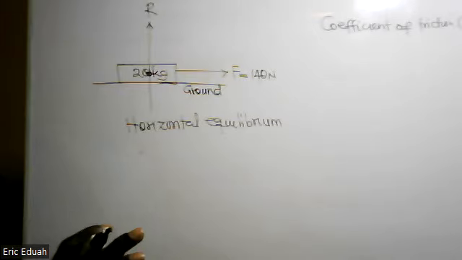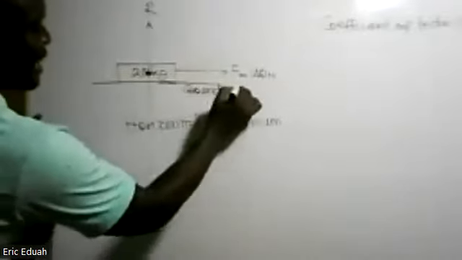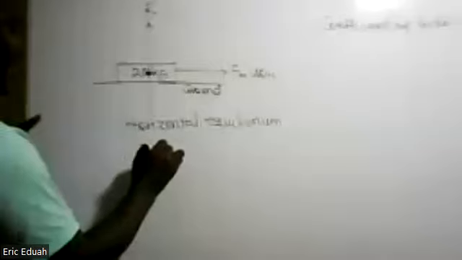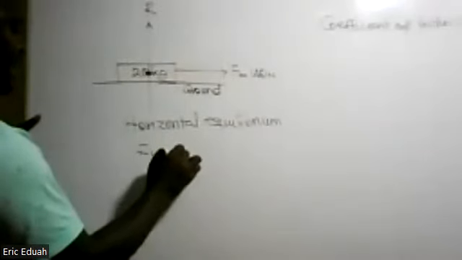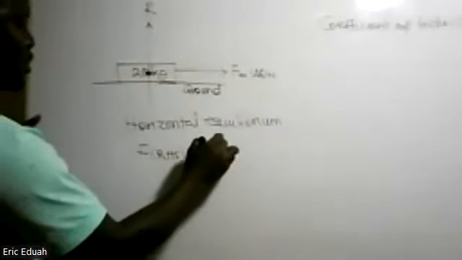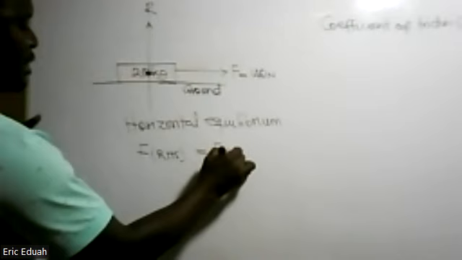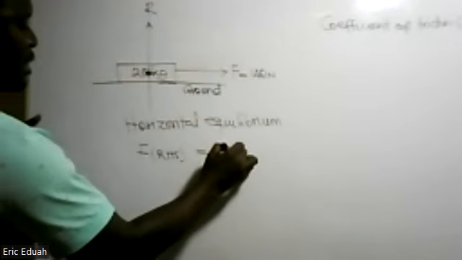So dynamic equilibrium. If dynamic equilibrium, then the force at the right-hand side must be equal to the force at the left-hand side, so that we have a state of equilibrium.